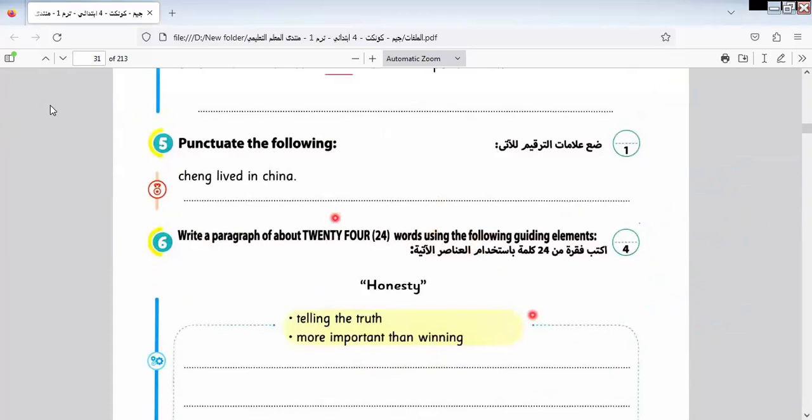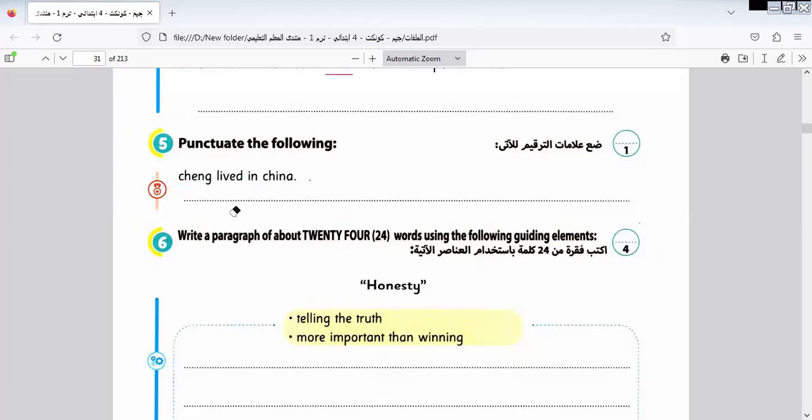As we know, what can we do in the punctuate? We underline the wrong letter that we corrected. Here Qing is a plural name and China is a country, so this must be written in capital letter, and I put a full stop at the end of the sentence.